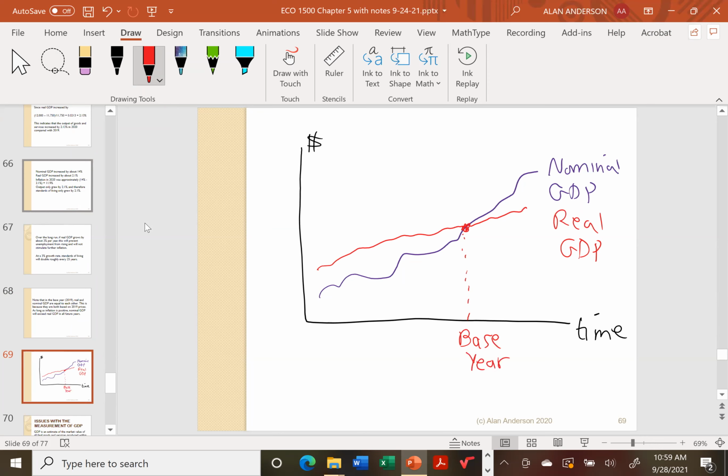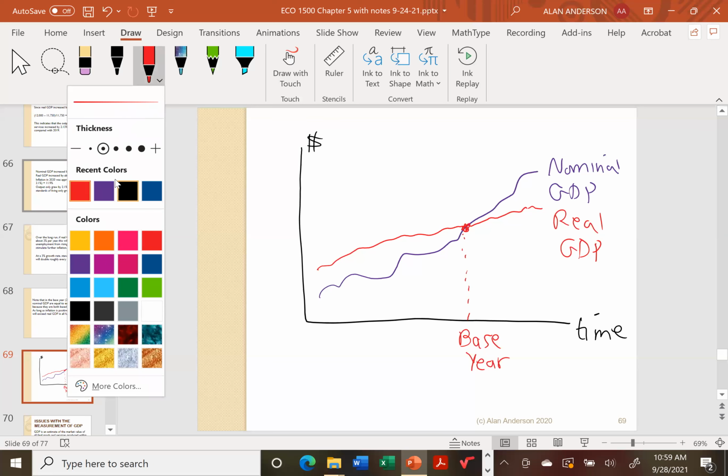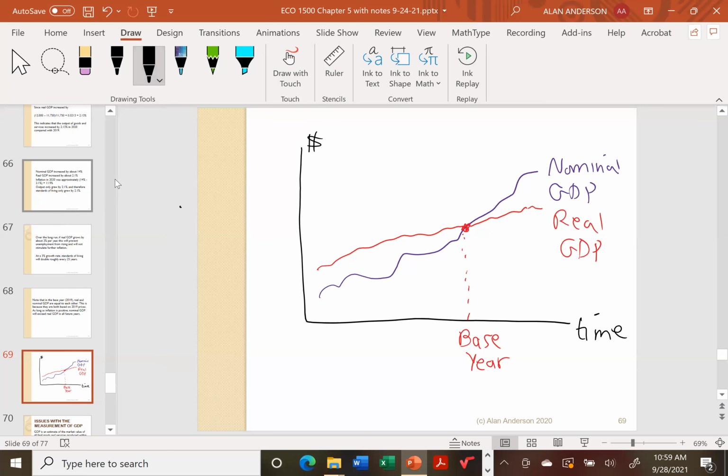Okay, so in other words, once we get past the base year, nominal will be greater than real, but in prior years, it'll be the other way around. Now I do want to mention one thing though. This is only true as long as inflation is positive, which is almost always the case. You very rarely see negative inflation.